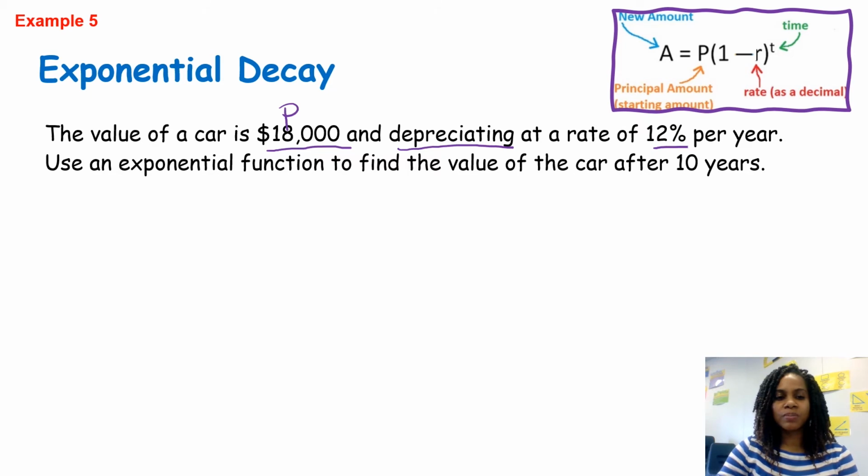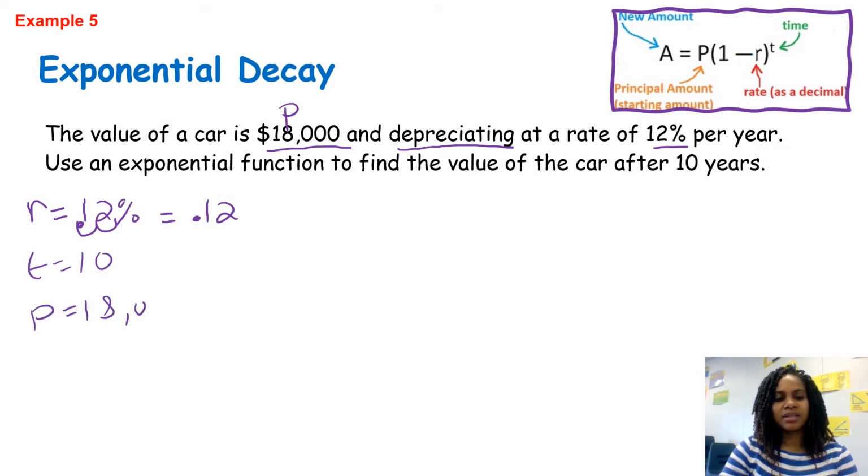The rate is 12%. So remember, we have to change that 12% to a decimal. So decimal is understood to be at the end. I'm going to move it to the left 2 places. So my rate is 0.12, and my time is 10 years. And let's go ahead and just put P. That is 18,000.